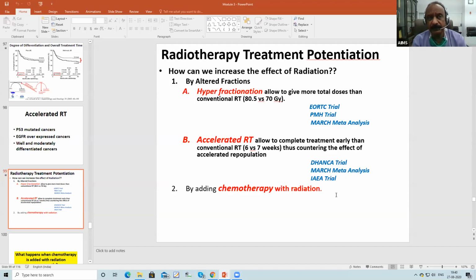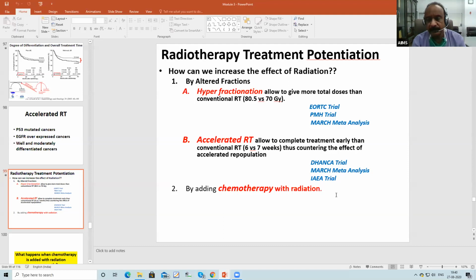See, the aim was not to see the effect of radiation on various types of tumor grading.